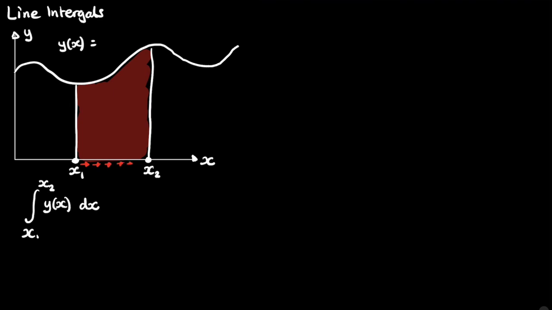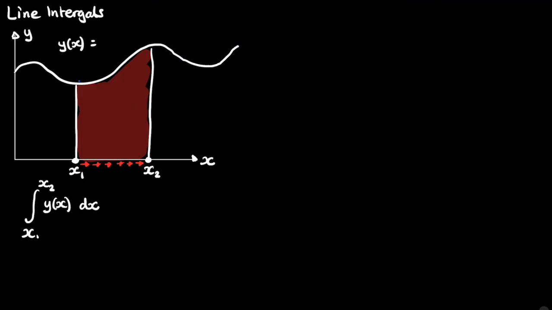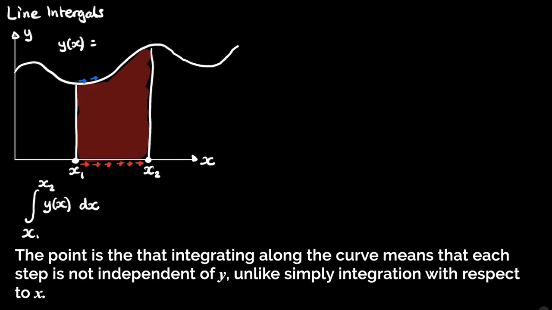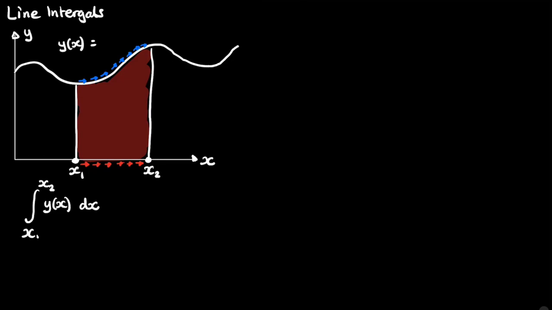We're taking lots and lots of different summations along the x-axis, but now I'm saying, what if we do our integration along this curve right here? So instead of summing along the x-axis, we're actually summing along this curve right here. Well, that sounds a little bit weird. Why are we doing that? That sounds a little bit odd. So the best way is I'm going to explain it with an example right here.